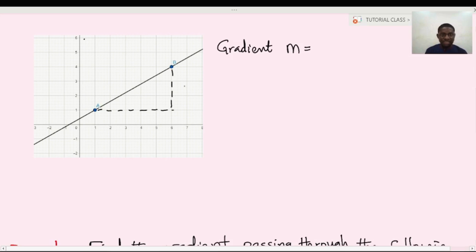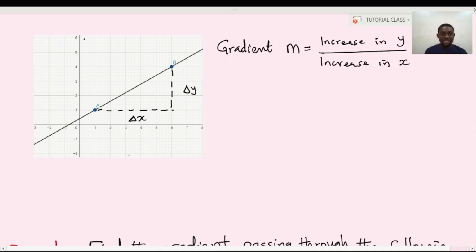The vertical distance from here to here is the change in y, and from here to here is the change in x. So the gradient refers to the ratio of the increase in y to the increase in x.